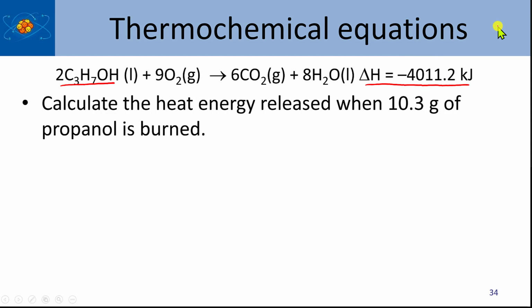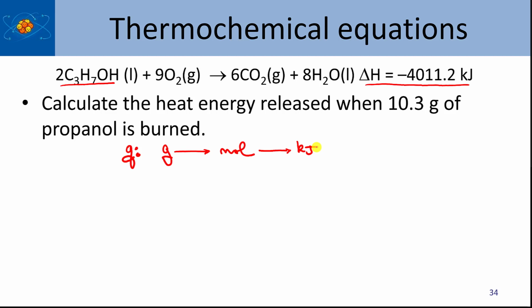To solve this problem, if you want to know the energy released from 10.3 grams, we're really looking for Q, heat energy. This is just going to be the problem-solving map: I have grams, I'll go to moles, and then from moles to kilojoules.